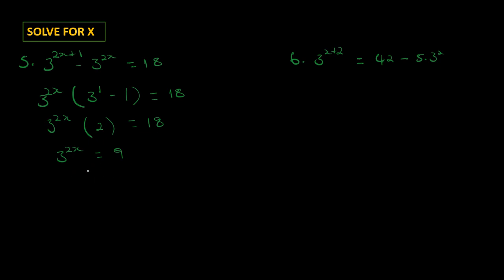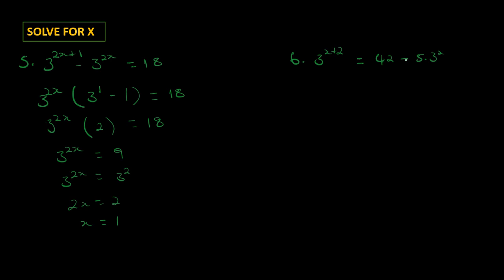Now 9 is 3 squared, so we have 3 squared. So clearly 2x is equal to 2, and our x is equal to 1, and we get this by dividing by 2 both sides. Okay, let's look at this last problem, and we have an interesting expression.